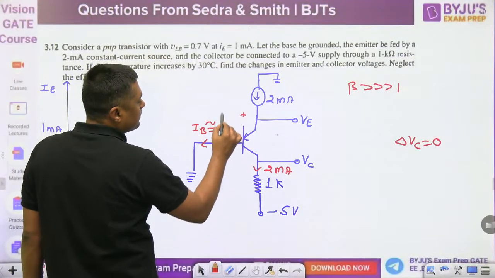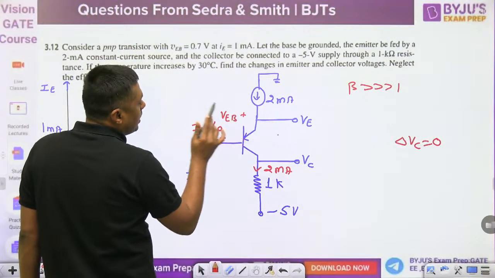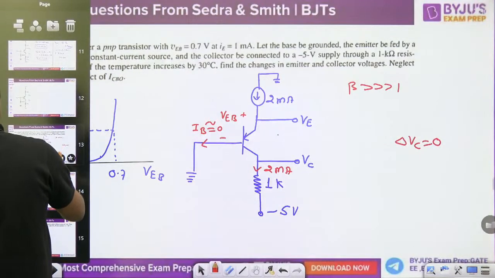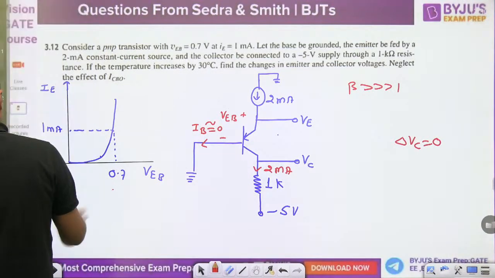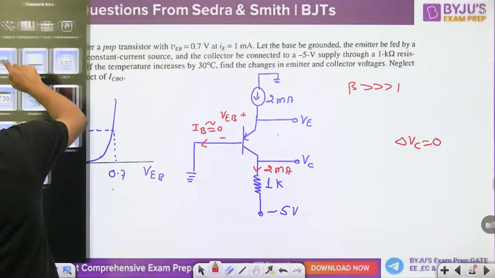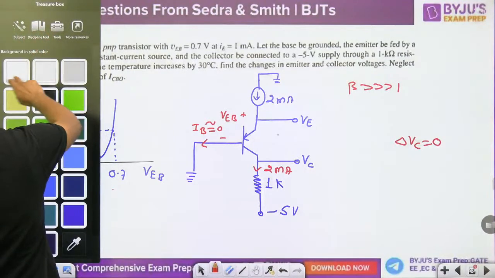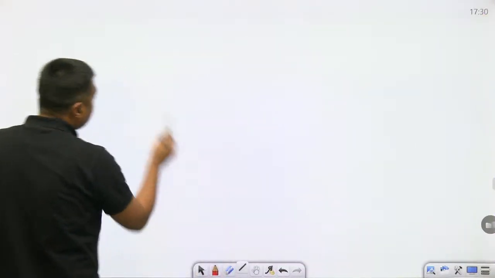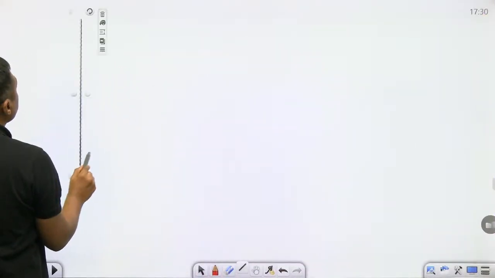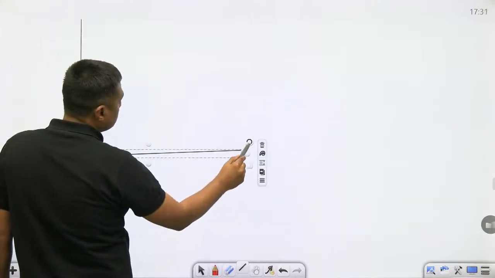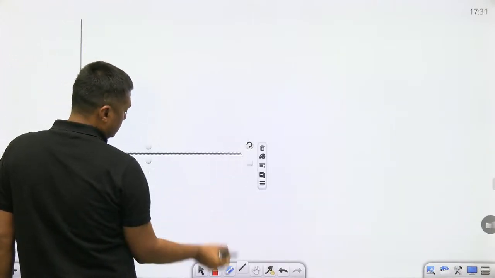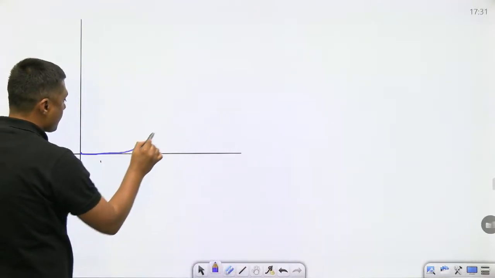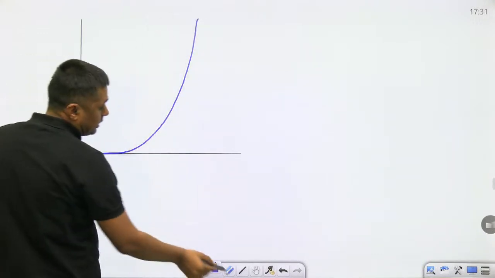This is the VEB. Guys, remember one thing. No, this is the characteristic. Okay, suppose this is the voltage.